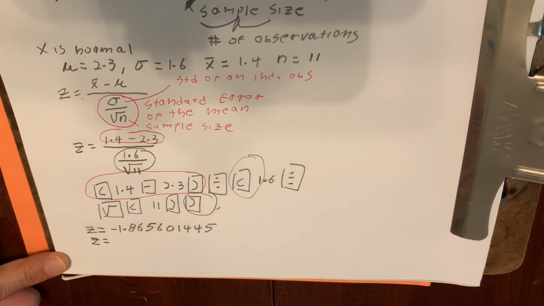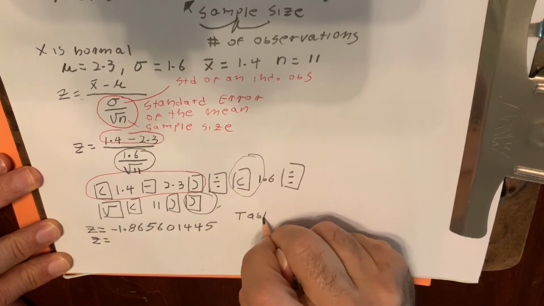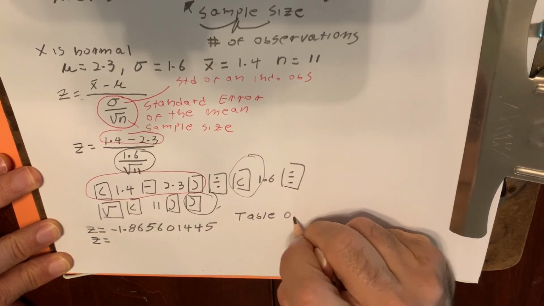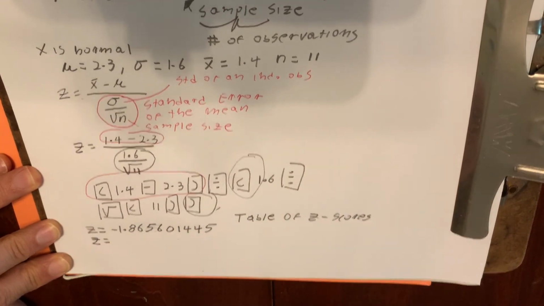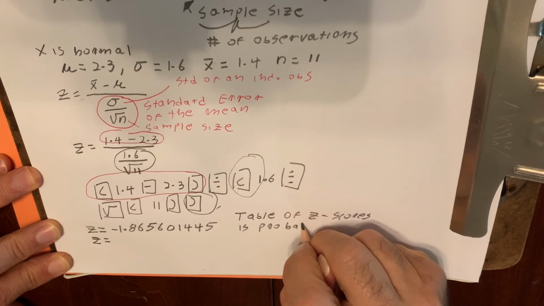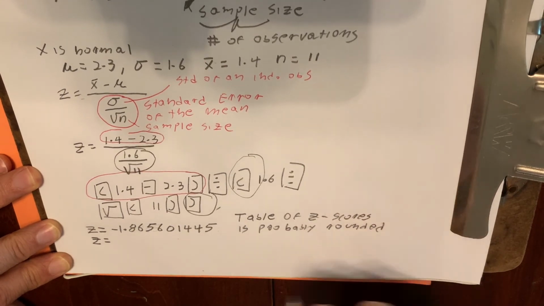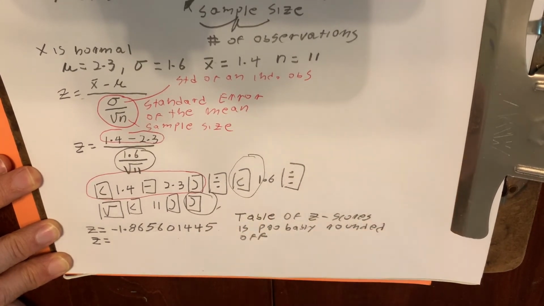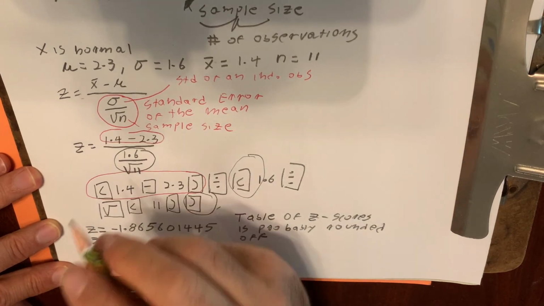But we are most likely going to round off this z-score to 2 or 3 decimal places. And the reason why we round this off is because our table of z-scores is probably rounded off. So the table that I use in my classes is rounded off to the nearest hundredth.